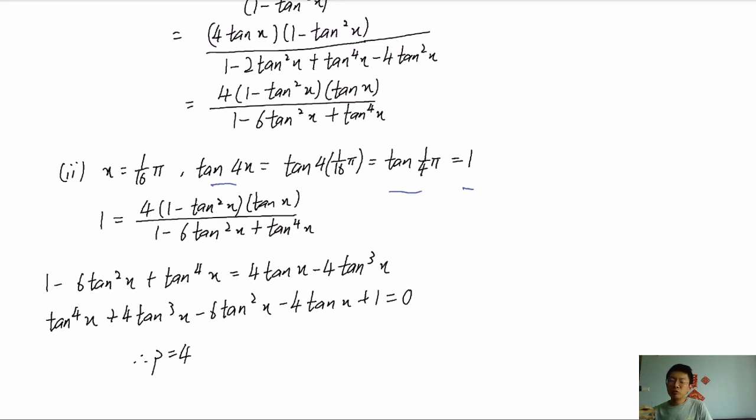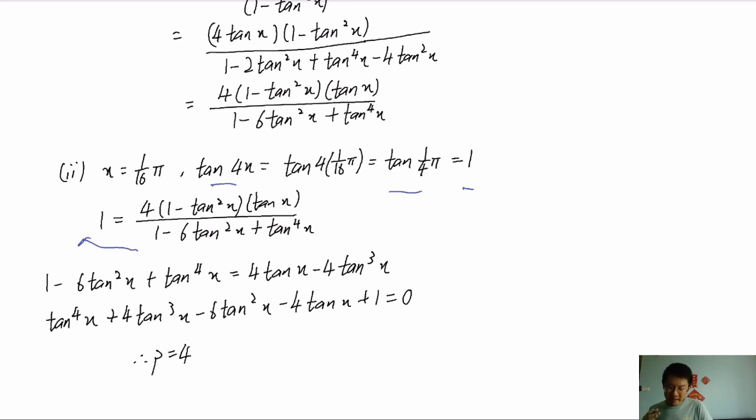So we need to prove that the equation that we have in the question actually comes from the identity. For that, we substitute x equals to 1 over 16 pi into tangent 4x already, and we get 1. So from the 1, we just have to expand everything, move up the denominator, and from there we just have to rearrange it.